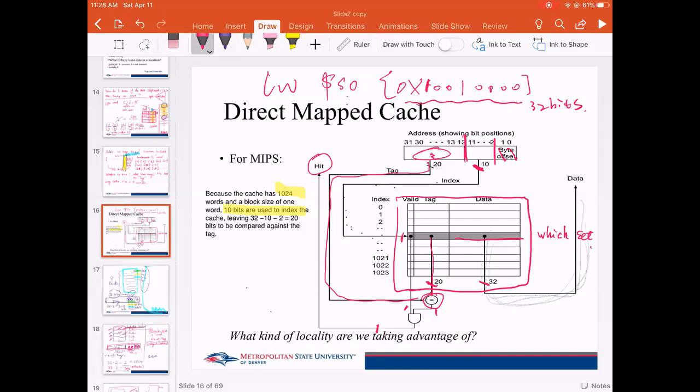Suppose the valid bit is 0, then you don't have to check the tag. Suppose the tag does not match the higher 20 bits, then you do not check the valid bit, right? So we could do either way. If you have a 0, then the hit will be 0, and you do not need to take the 32 bits of data out. Remember, the block here is the real storage I have inside of the cache.